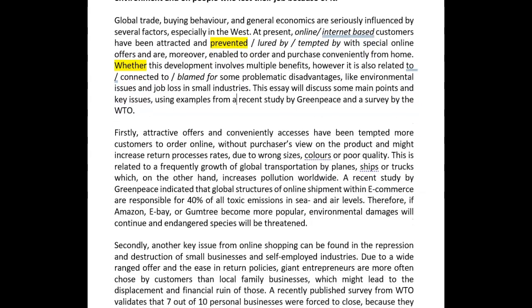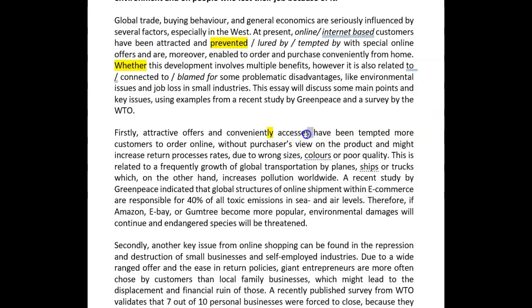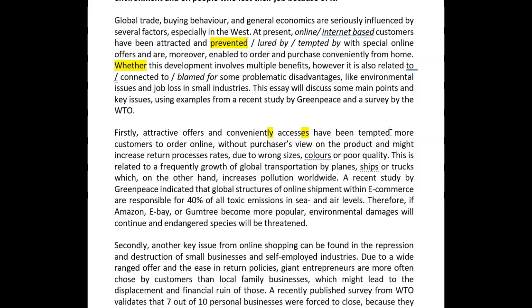Very clear. Firstly, attractive offers and conveniently accesses. Just convenient access. You don't need an adverb, you need an adjective. So convenient is your adjective. Access is singular. Have been tempting. I would go present perfect there, because it's still happening.